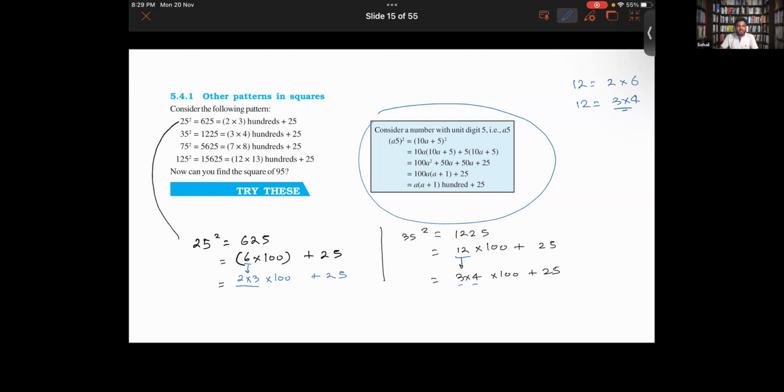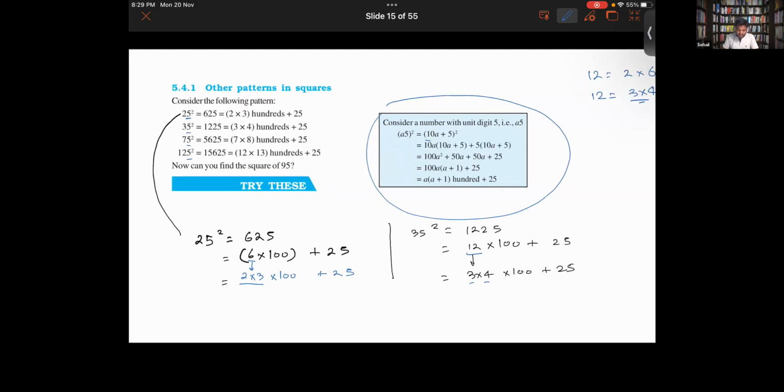So you have any given number in which the unit digit is 5. Any given number whose unit digit is 5, here 5, 5, 5. So I can represent it in the form of (10a plus 5) whole square. Look here. 25 here.